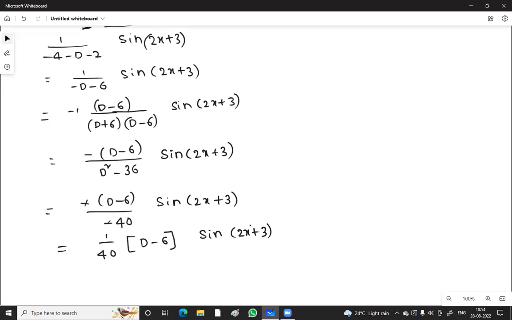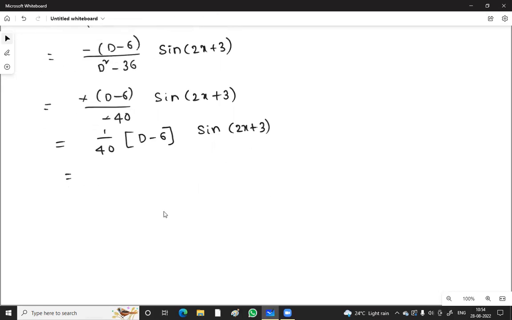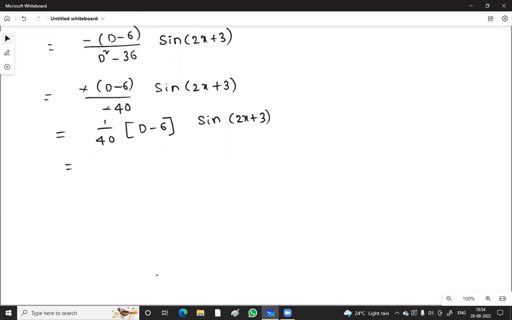1 by d means integration, but d means differentiation only. So what you will do here is 1 over 40. Now d means differentiation, you operate on sine 2x plus 3. Sine x, nothing but cos x only. X coefficient is 2, so I am writing 2.